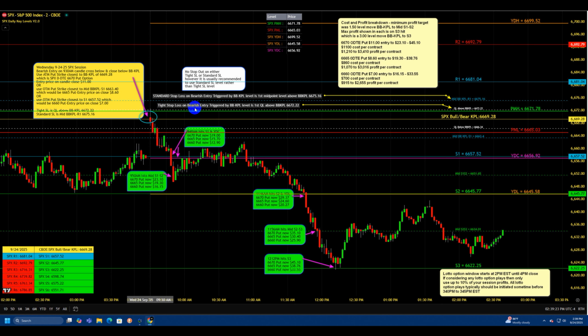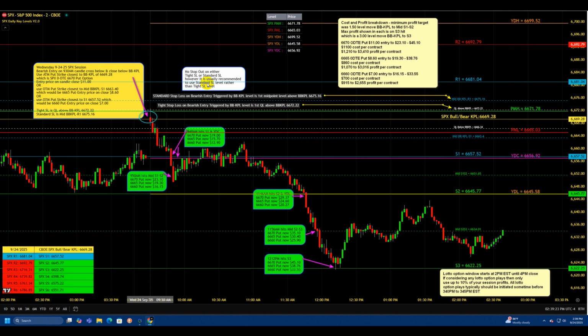So your tight stop loss in a bearish entry triggered by the BBKPL level is the first QL above BBKPL, which in this case for today's session is 66.72.22. Your standard stop loss in a bearish entry triggered from the BBKPL level is the first midpoint level above the BBKPL, which for today's session is 66.75.16.